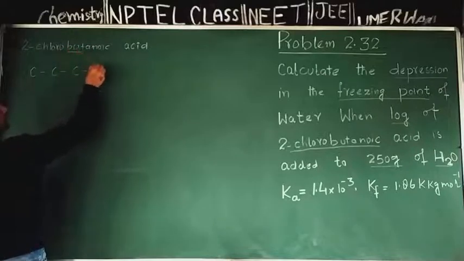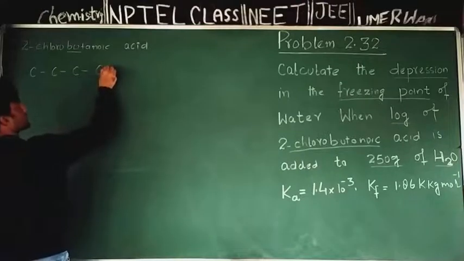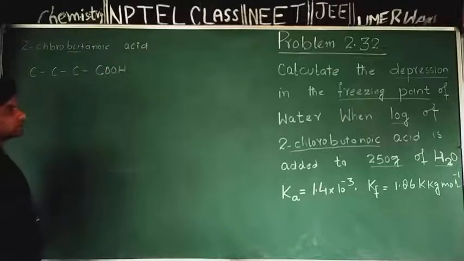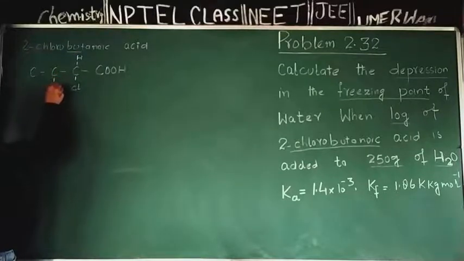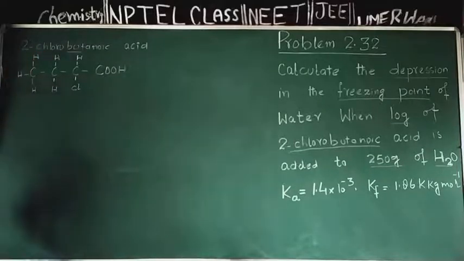The carboxylic carbon will be carbon number 1. To the second carbon is attached chlorine, and now here will be 1 hydrogen, here will be 2 hydrogens, here will be 3 hydrogens. This is 2-chlorobutanoic acid.